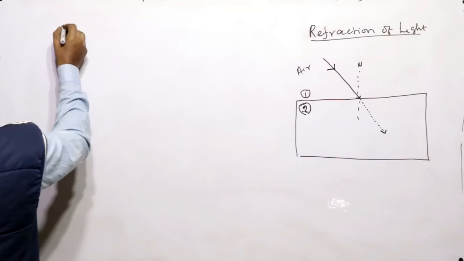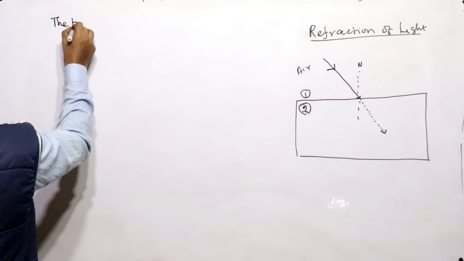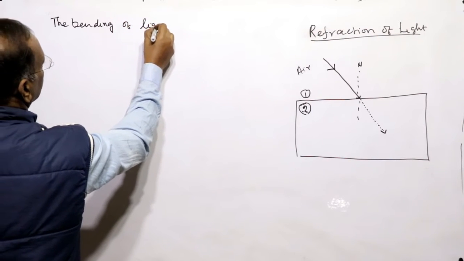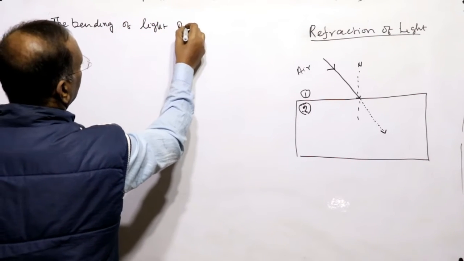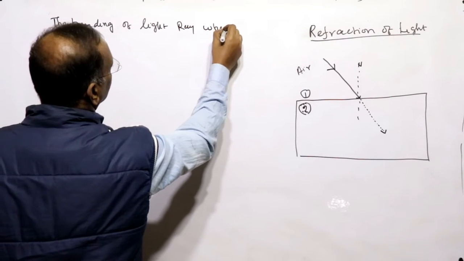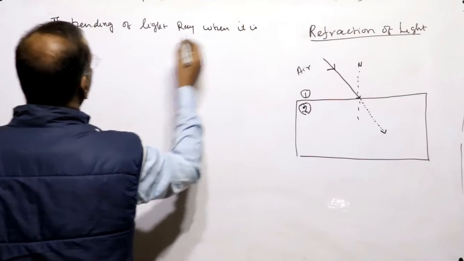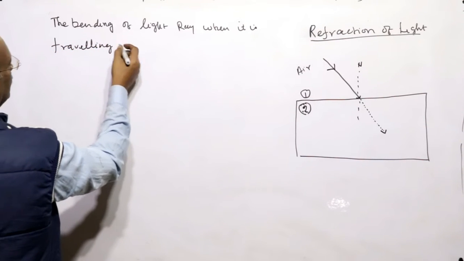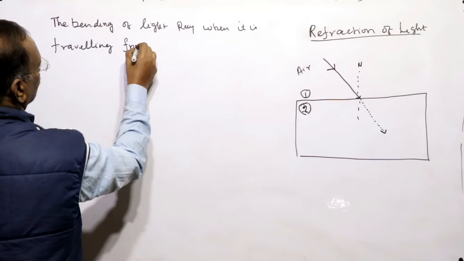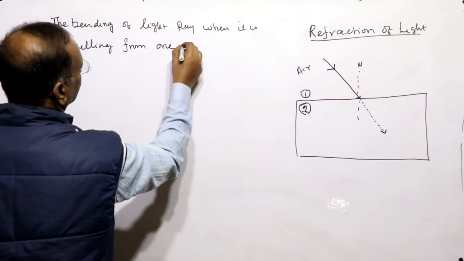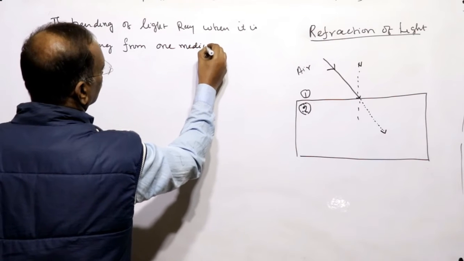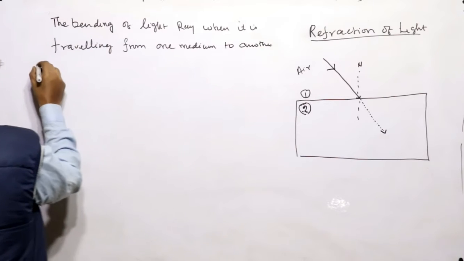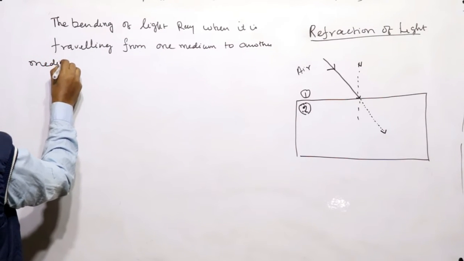That is, the bending of a light ray when it is traveling or passing from one medium to another medium.